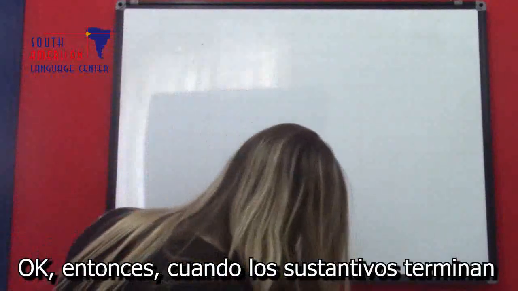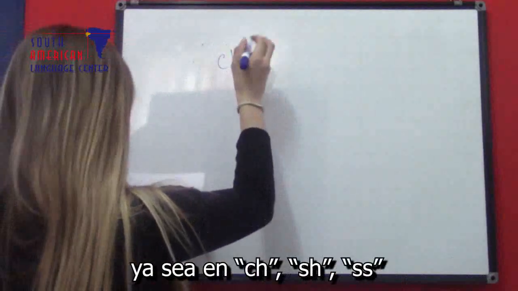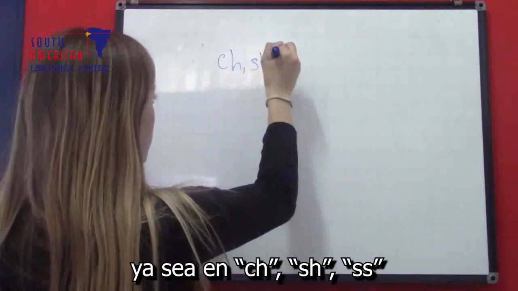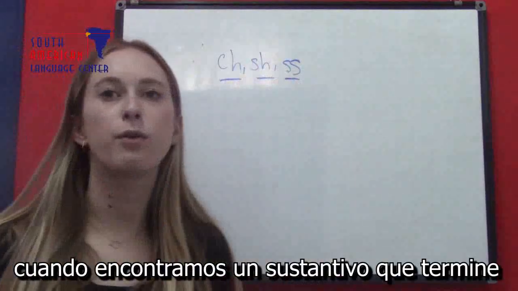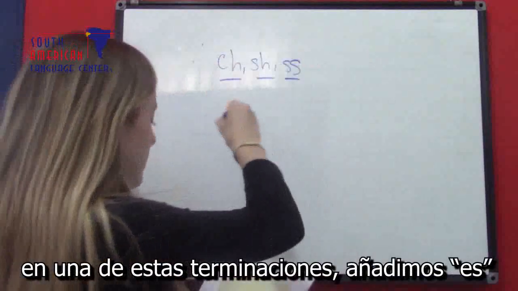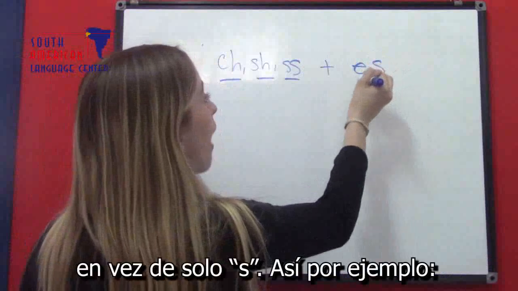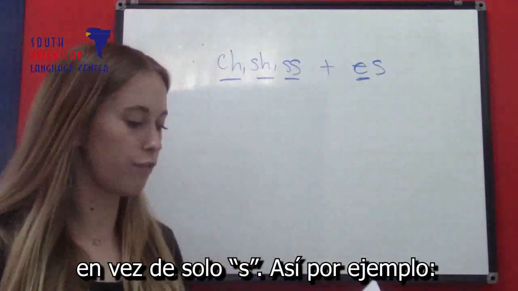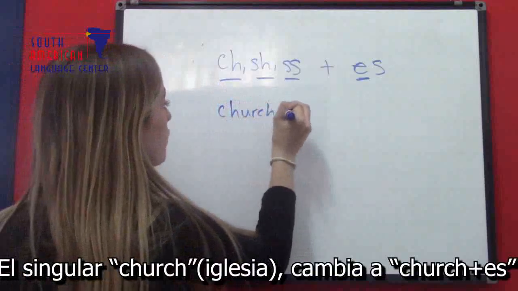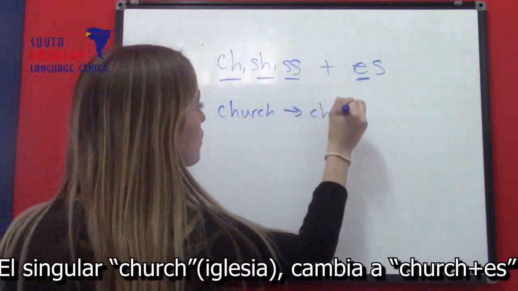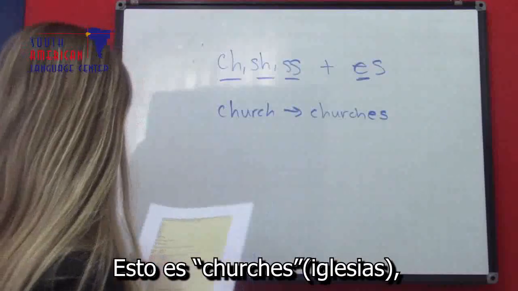Okay, so when nouns end in either CH, SH, SS. So when you come across a noun that ends in one of these endings, we add ES rather than just an S. So for example, the singular church turns into church plus ES is churches.